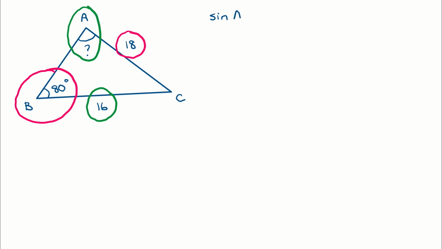We get sine of A divided by side A is equal to sine of B divided by side B. Plugging everything in, we get sine of A divided by 16 is equal to sine of 80 divided by 18.